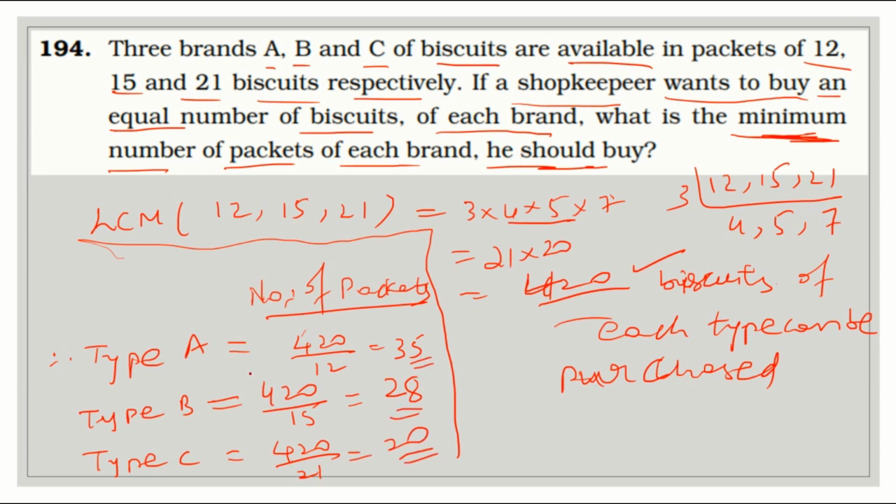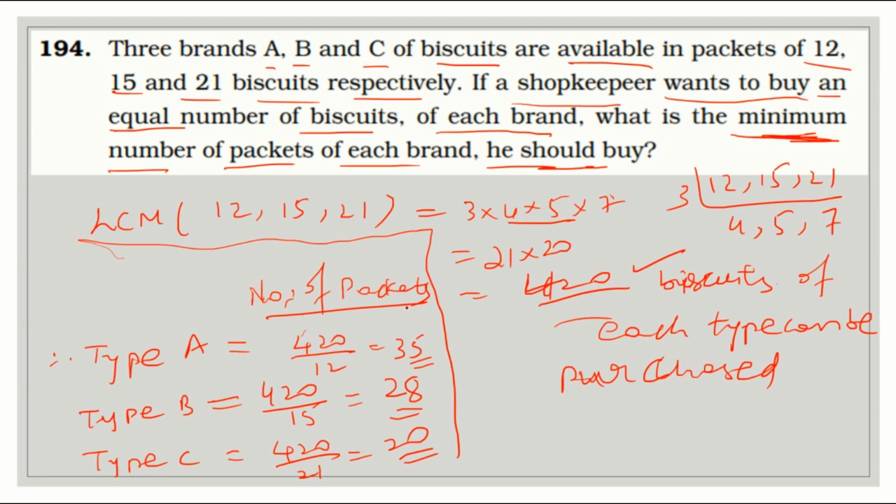If we order 35 packets of type A, it gives 420 biscuits of type A. If we order 28 packets of type B, it gives 420 biscuits of type B. Similarly, if we order 20 packets of type C, it gives 420 biscuits, so we have satisfied the condition.